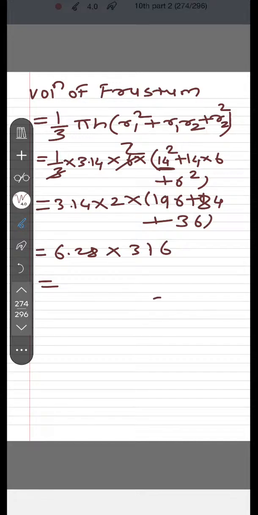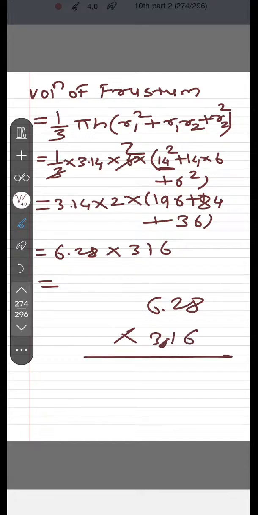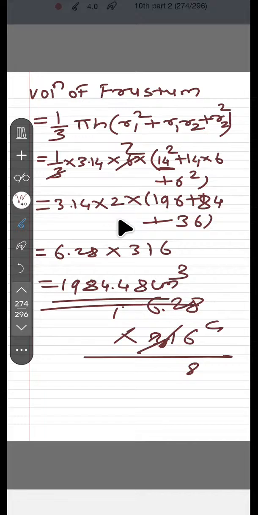So 6.28 into 316, so the answer will be 1984.48 centimeter cube, and that is nothing but the volume of the frustum.